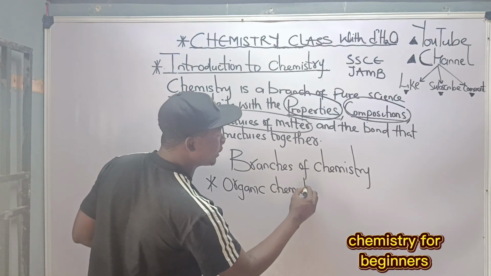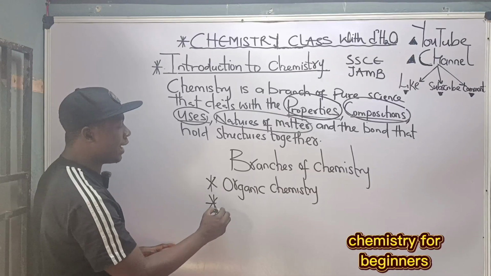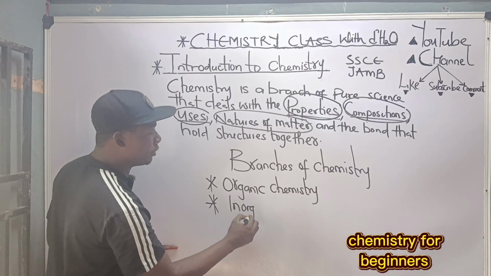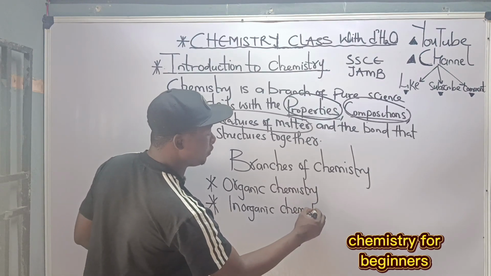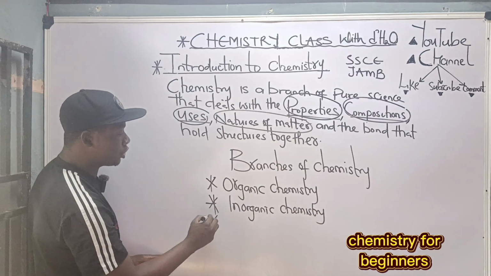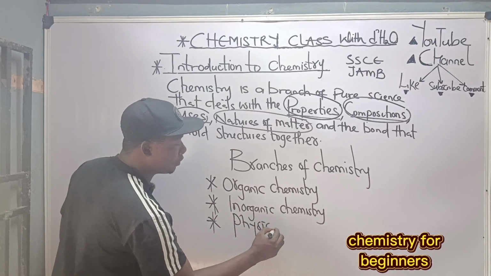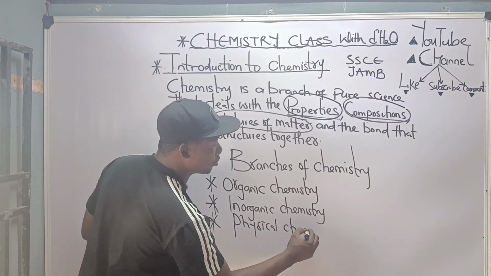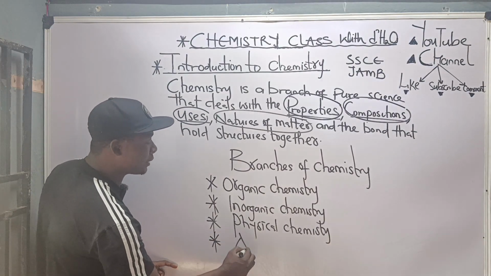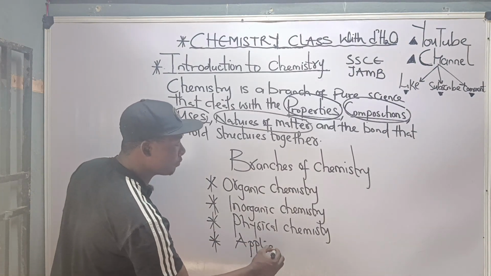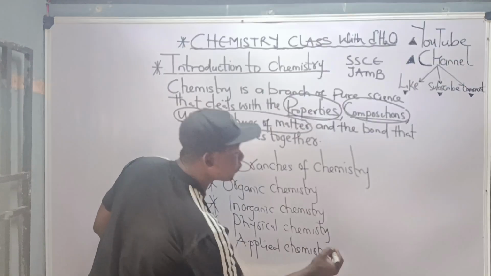The second branch is known as inorganic chemistry. The third branch is known as physical chemistry. Then the last branch of chemistry is known as applied chemistry. Yes, these are the 4 branches of chemistry.